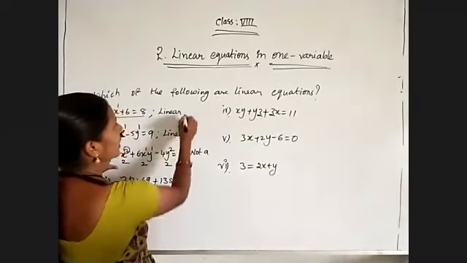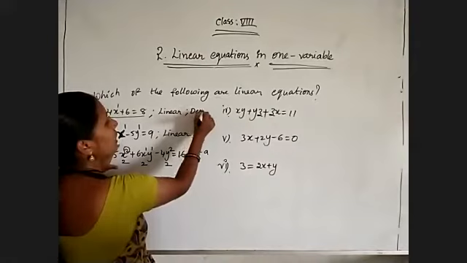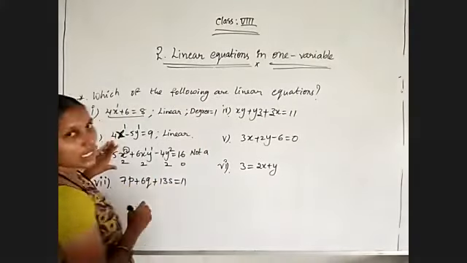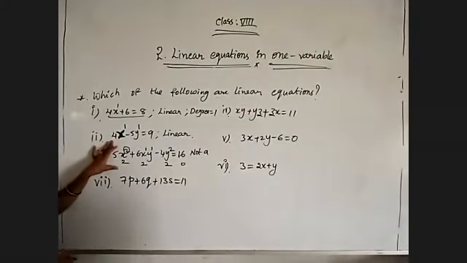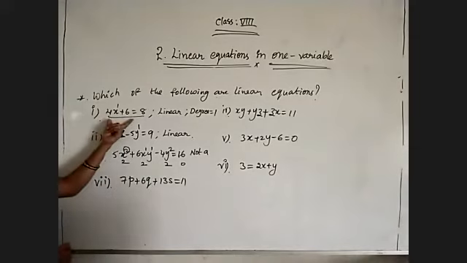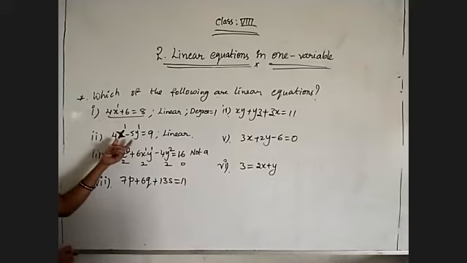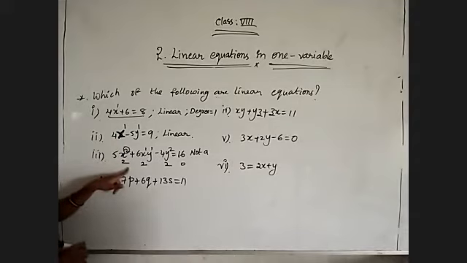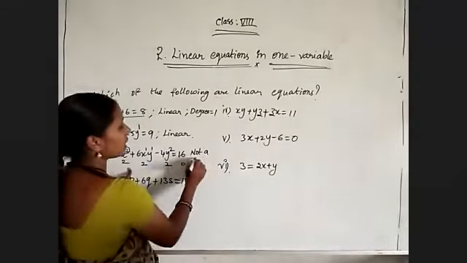When the degree of the equation is equal to 1, only then is it known as a linear equation, and depending on the variables we need to name it. So in the first example, linear equation in one variable, and coming to the second equation, it is known as a linear equation in two variables. Coming to the third one, because degree is 2, it is not a linear equation.